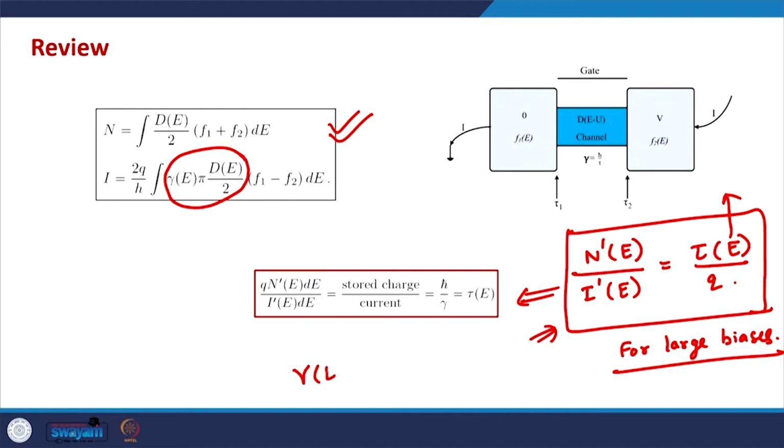From that we can calculate the parameter gamma e, which is h bar by tau e, and from there we can calculate the number of modes, which is given as gamma e times pi times dE by 2. So, that is the sequence that we will follow.